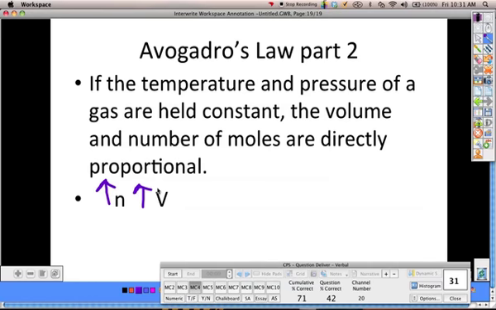In your web lab the other day, the pumps you added were adding more moles. If volume were not constant, the little guy would start walking backwards. That's what directly proportional means. If one goes up, the other goes up, or if one goes down, the other goes down.